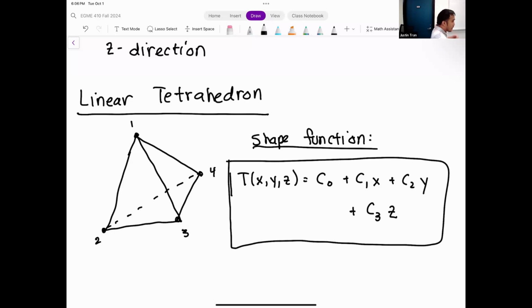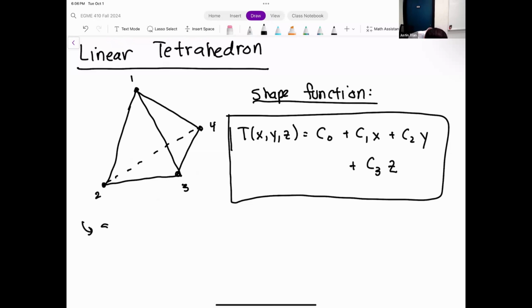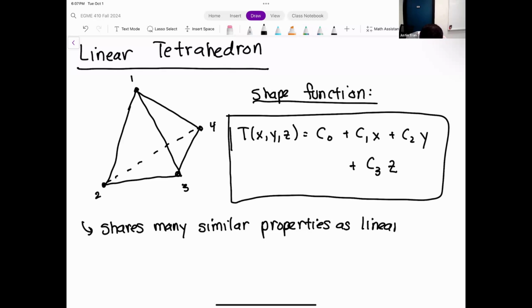The linear tetrahedron shares a lot of similar properties with the linear triangle in 2D. I'm just going to give you the highlights, so we're not going to go through the whole thing again.